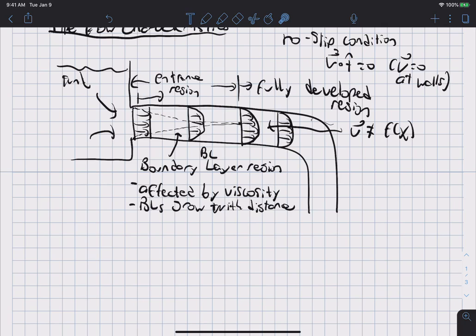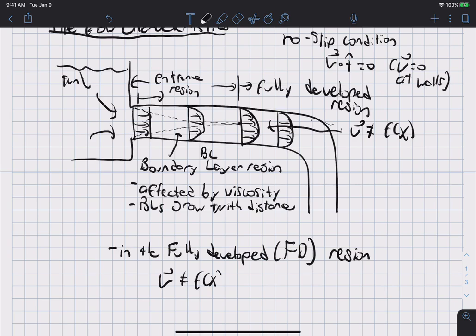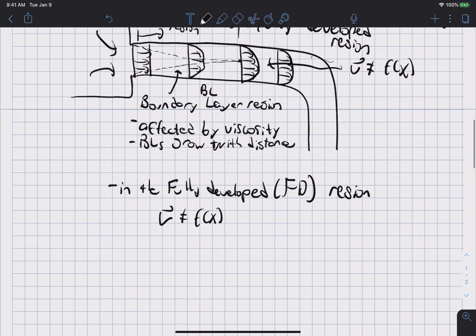Okay, and in the fully developed, I'll call that FD for short, region, the velocity profile is not a function of x. And so that implies that partial x of u, v, or w is equal to 0. Okay?